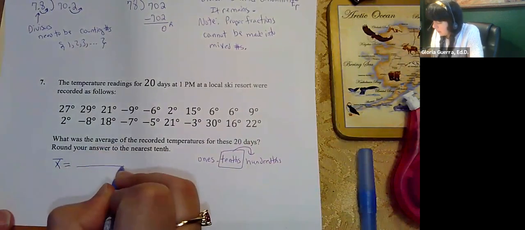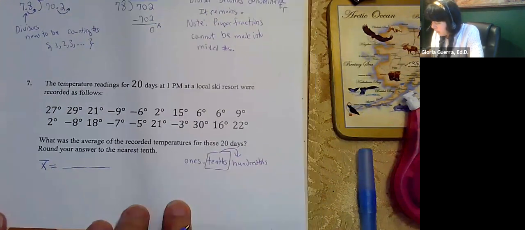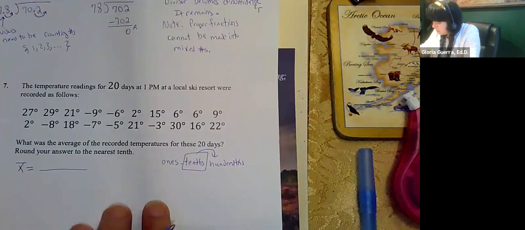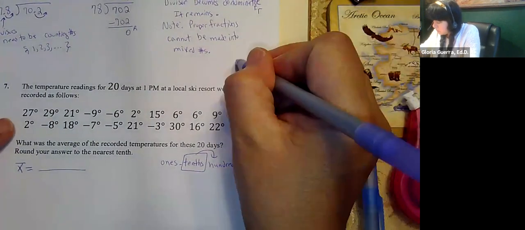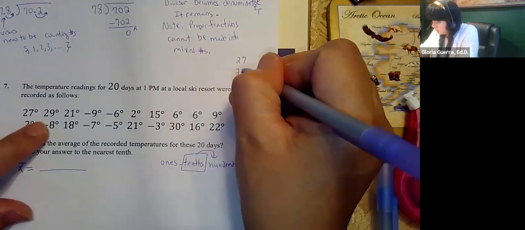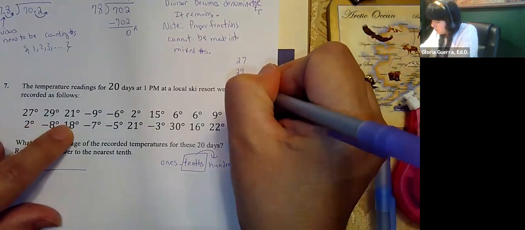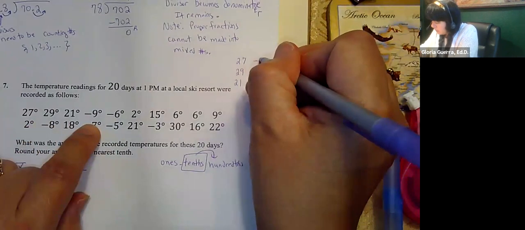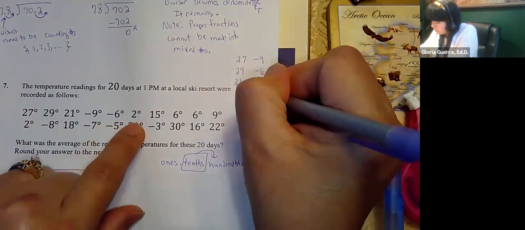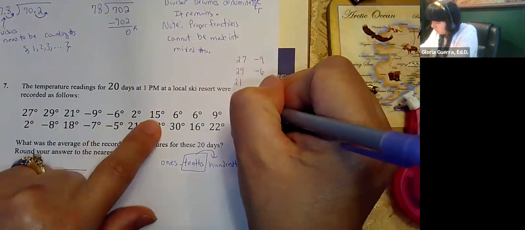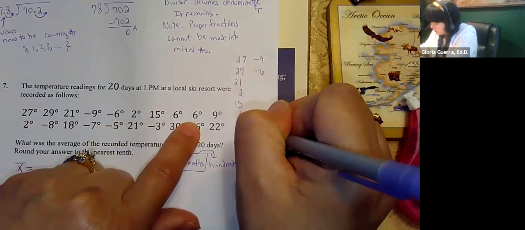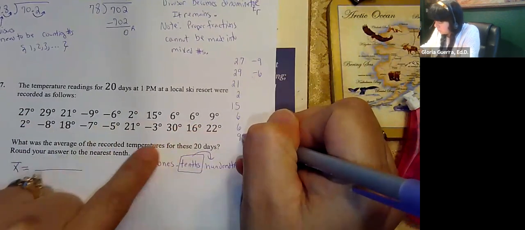So here, let's add up all the positives and all the negatives. So let's see, on the positives, let me stack them way up here. So I have 27, 29, 21, and I'm going to do this on this side, -9, -6. Okay, this is 2, 15, 6, 6, 9, 2.